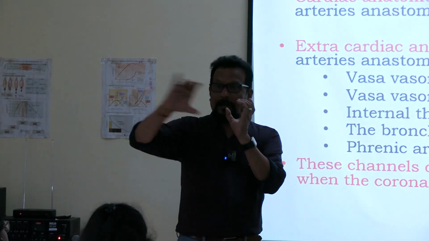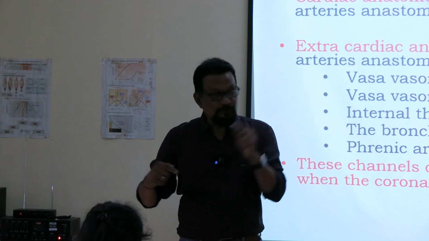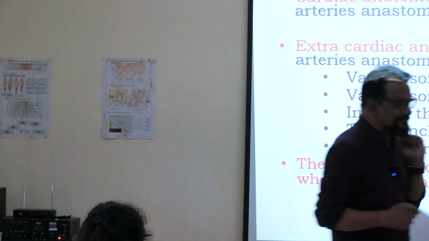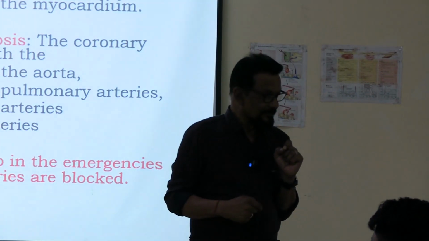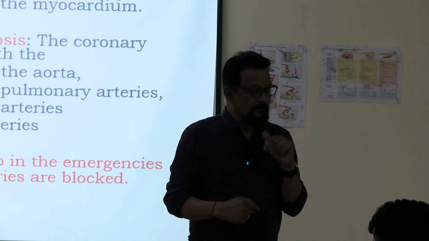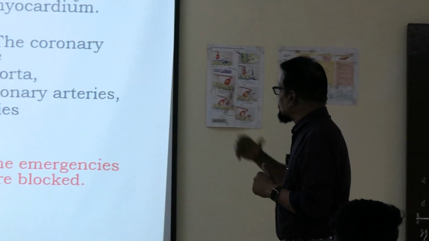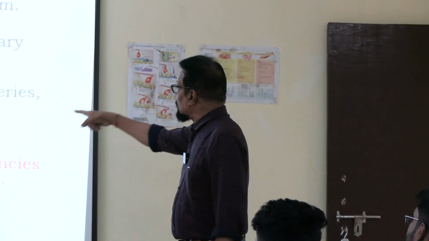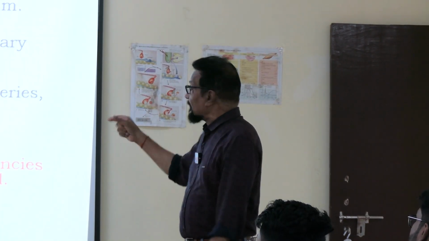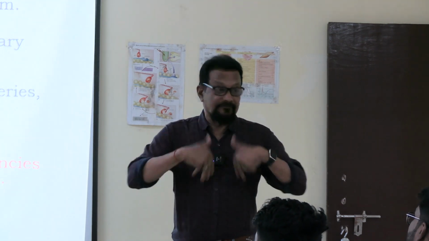The aortic wall also has musculature, so that musculature also needs blood supply. These vessels are called vasa vasorum. There are the vasa vasorum of the aorta, the vasa vasorum of the pulmonary arteries, the internal thoracic artery, and also the bronchial arteries and phrenic arteries, the arteries that supply the diaphragm.